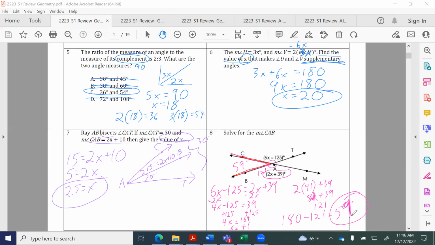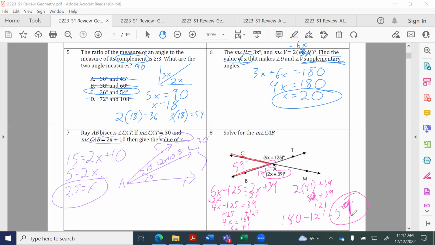Any questions there? So subtracting 121 from 180, then 180 minus 121, and that gave me the 59. All right, let's take a look at the next page.